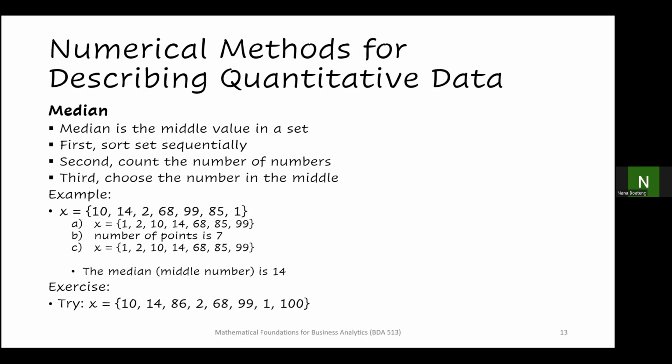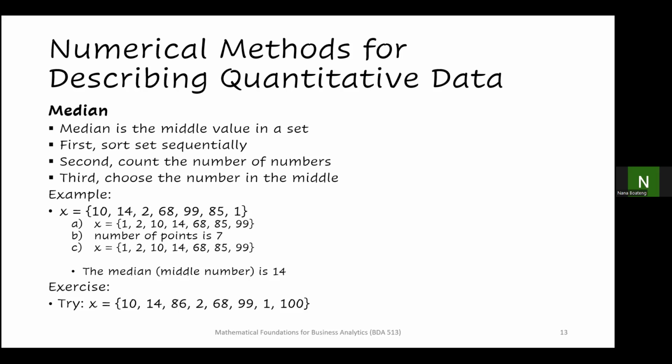We have 7, isn't it? 1, 2, 3, 4, 5, 6, 7. So the middlemost number will be what? 14, isn't it? Because we have the first 3 and then the last 3. So the middlemost number is 14. So 14 is the median.